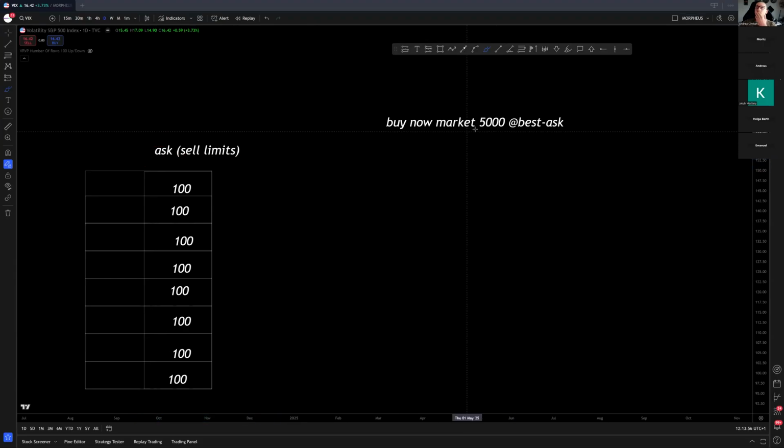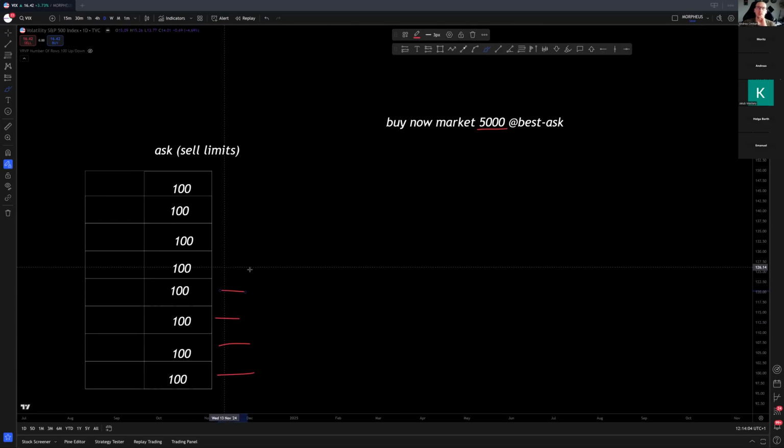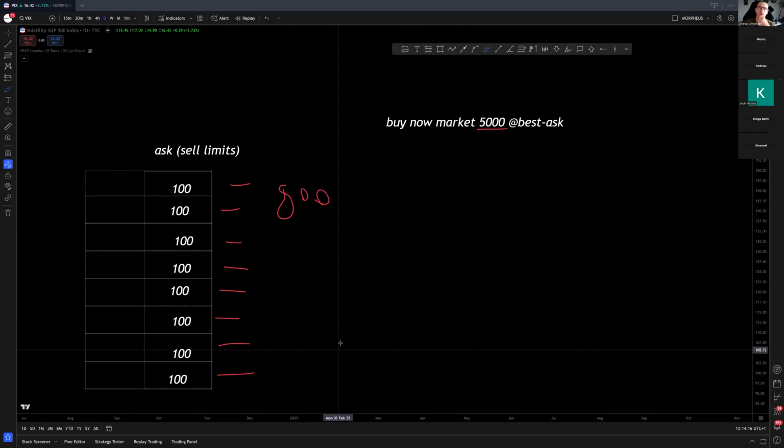Okay. So if you want to buy 5,000, you're going to need to fill 100 here, 100 here, 100 here, 100 here, 100 here, 100 here, 100 here. And only with these orders, we filled 800 contracts. Okay. 800, by the way, 100 is around the average size you see in the book of the S&P 500 ES E-mini contract.